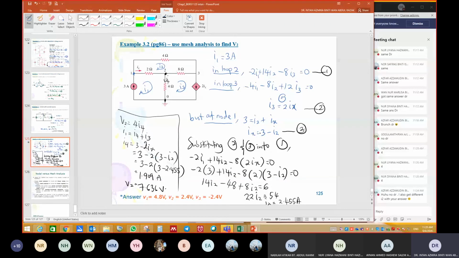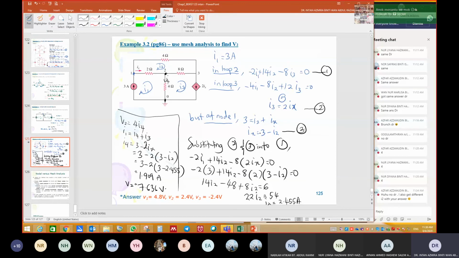Okay, so last 2 days we solved this circuit by using nodal analysis to find v1, v2 and v3. We also can solve by using mesh analysis. Since today we learn mesh analysis, why not try to find v2 by using mesh analysis. V2 is equal to I4 multiplied with 4.